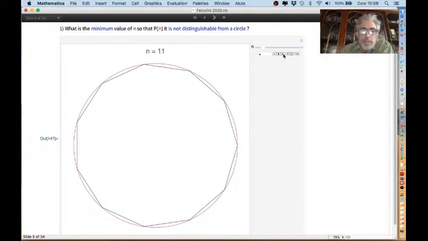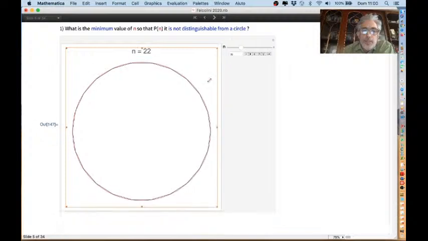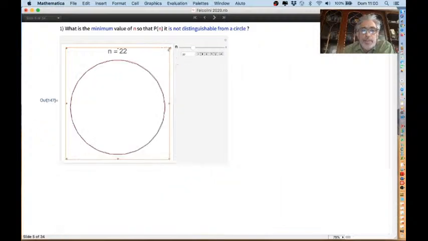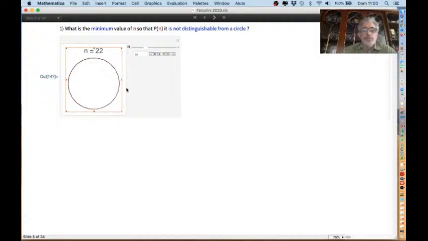If we increase n, the polygon becomes, of course, closer and closer to the circle. But of course, this depends on the size of the circle. With a very small circle, we would say that the two figures are already indistinguishable.